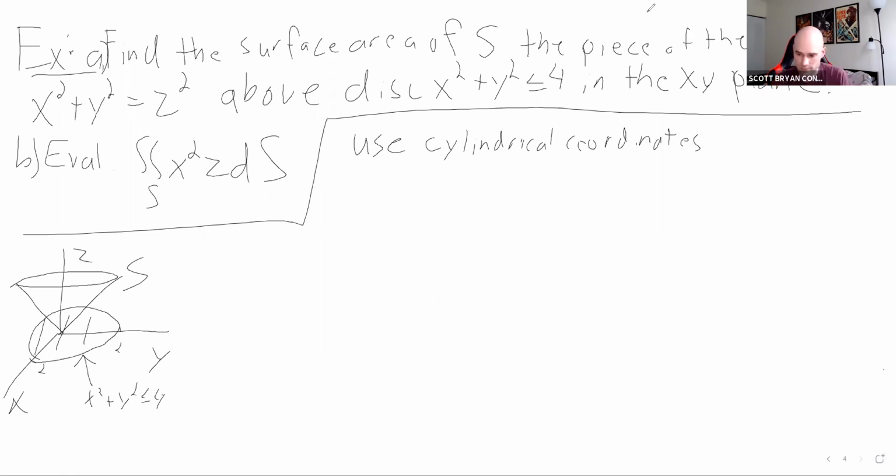To parameterize this. This is nice because, well, we'll see why it's nice in a sec. But okay, so cylindrical coordinates. Let's write the equation of our surface in cylindrical.